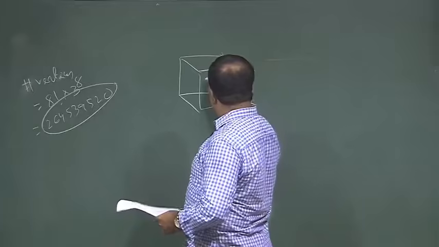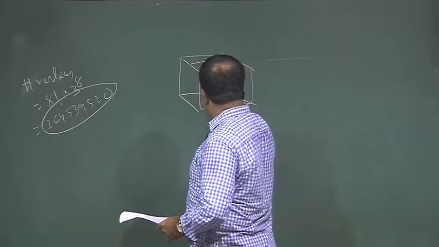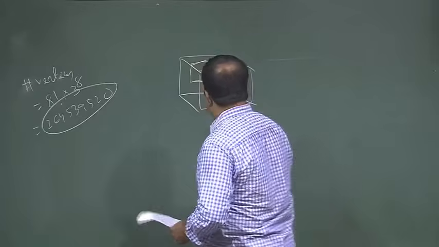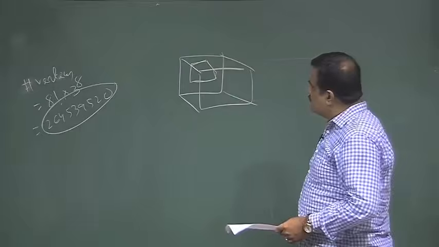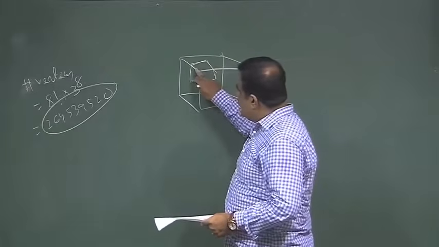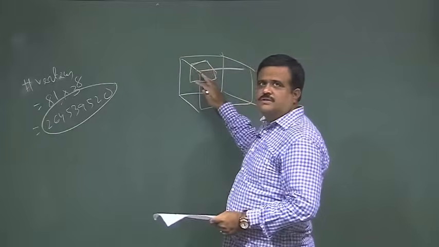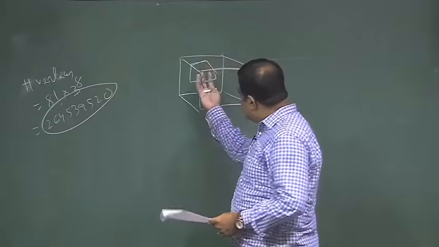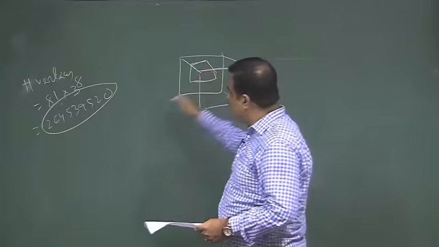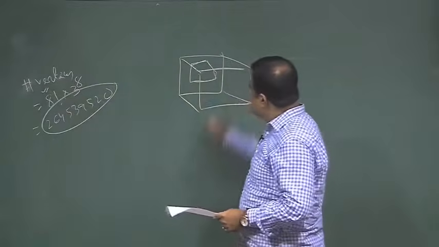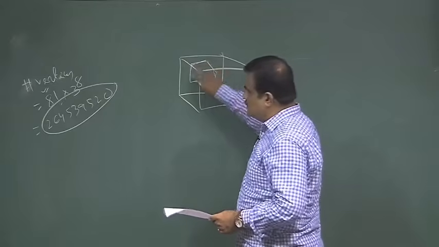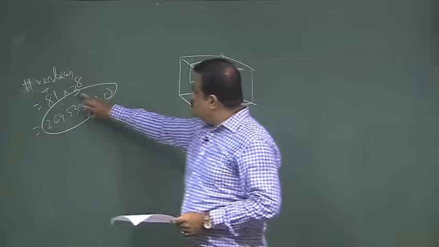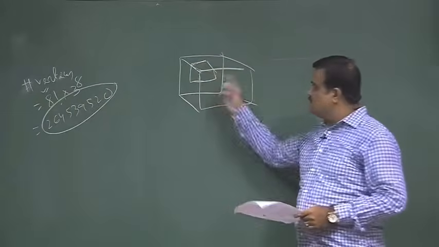If we take one state like this, there are 8 small cubes we can choose from, so factorial 8 is the number of possible arrangements. For each cube there are 3 ways we can change its orientation. So this is 3 to the power 8. That is why it is this.